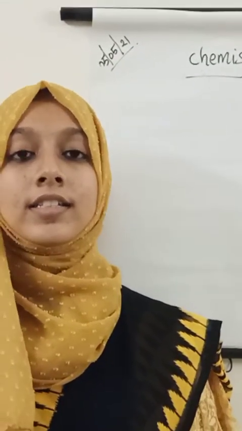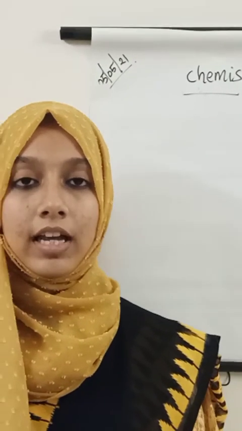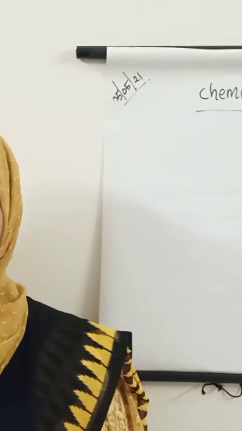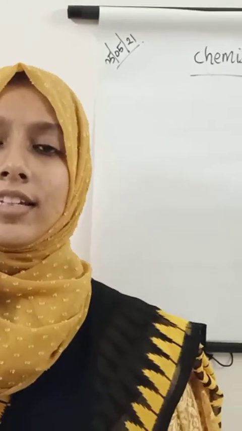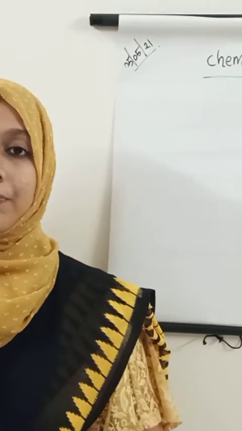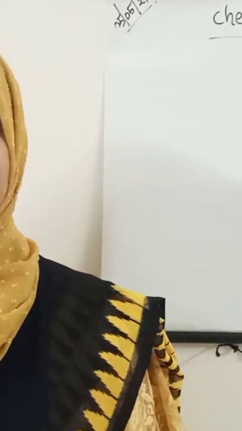In the earlier class, we learned about the chemical changes chapter and some portions from the chapter. What are the topics we dealt with in yesterday's class? Yes, they are chemical changes and physical changes. What is the difference between a chemical change and a physical change?